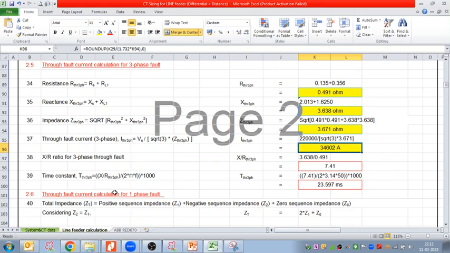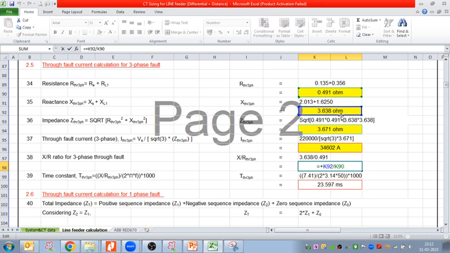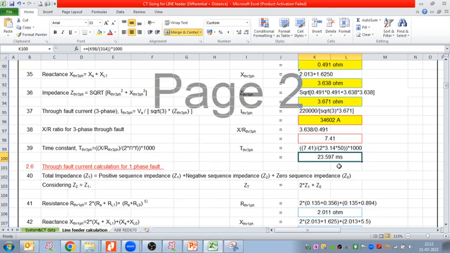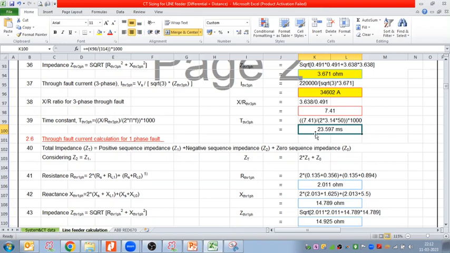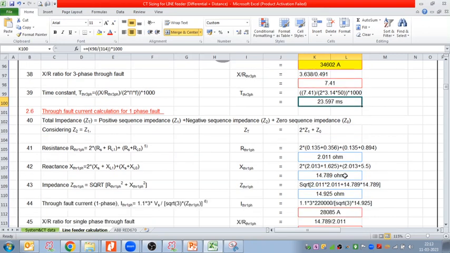Okay, X by R of the three phase fault: X by R till the point of fault, we can also calculate, because we know the R and we know the X. That would be 3.638 by 0.491, which comes to 7.41. If we wanted to calculate the time constant, we can also calculate that. This is not required in the relay formula, but if we want, we can find it out.